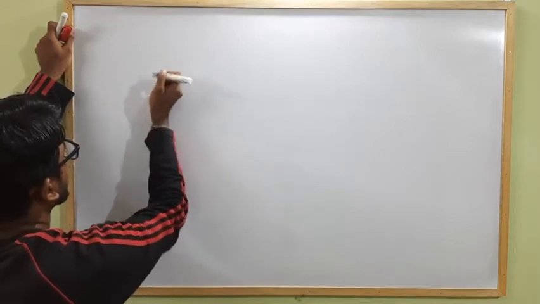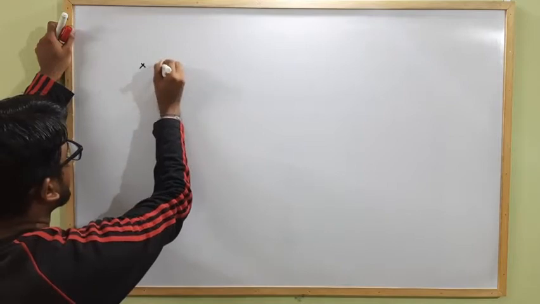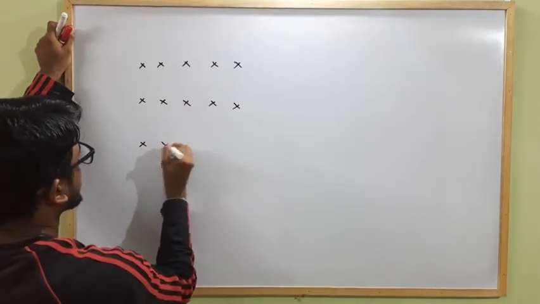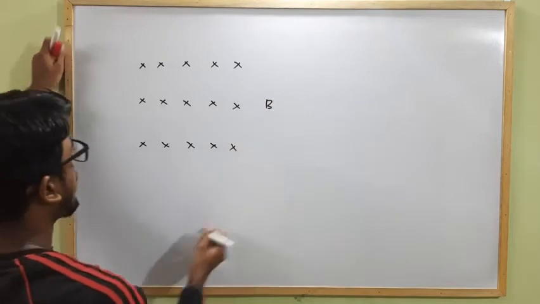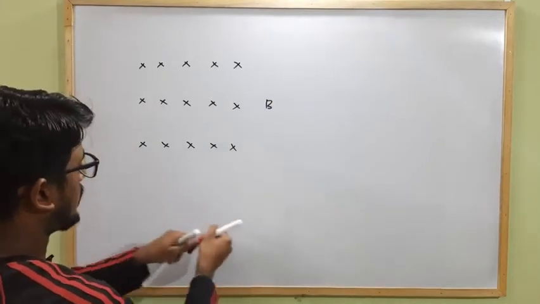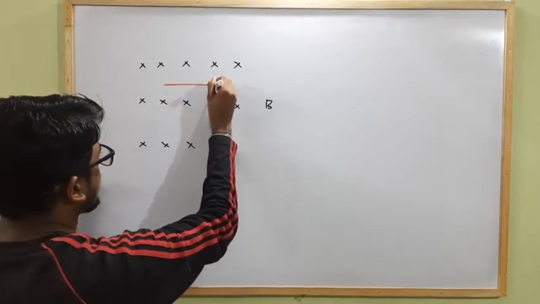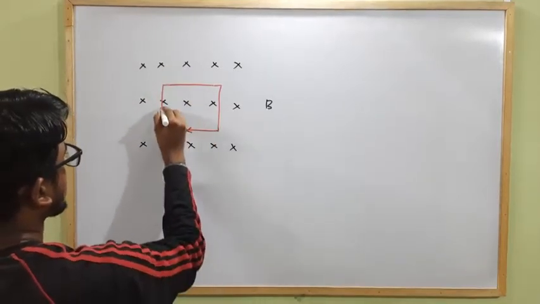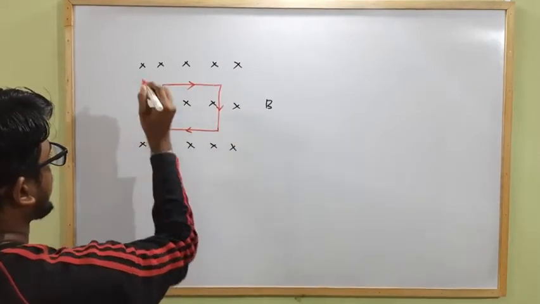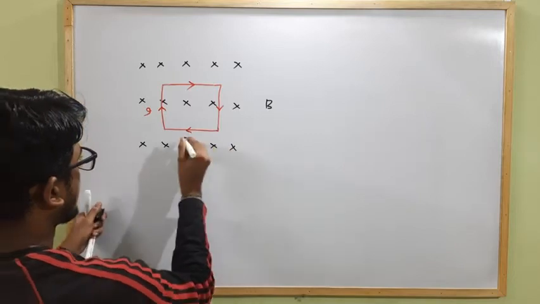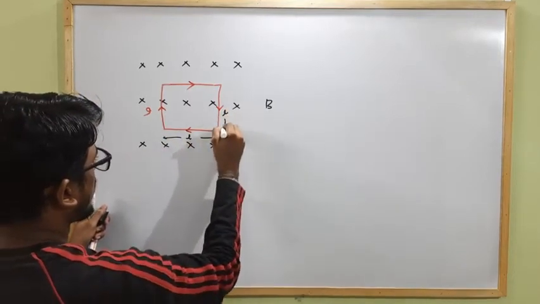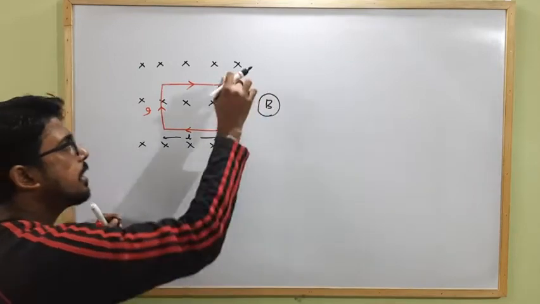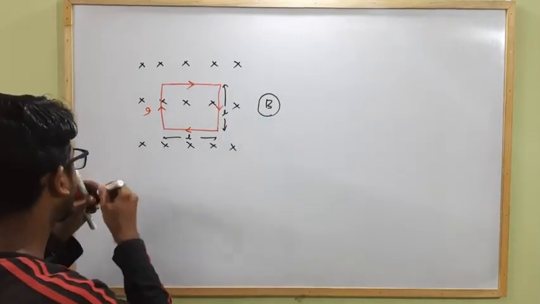Just imagine there is an external magnetic field of strength B acting into the plane, and a complete current carrying coil placed over here which carries current I like this, with sides of length L and L. So how will this current carrying loop behave when it is placed in an external magnetic field B acting inward?